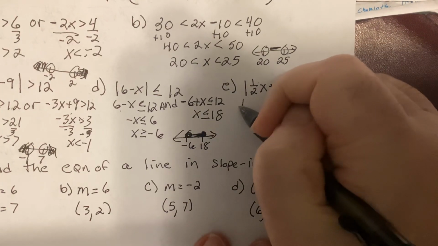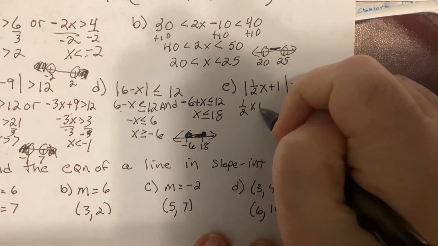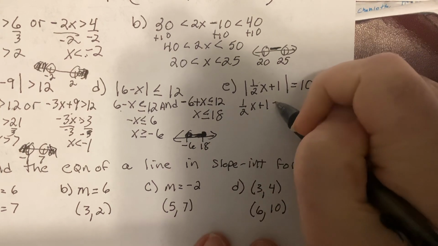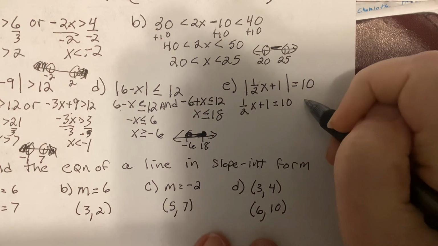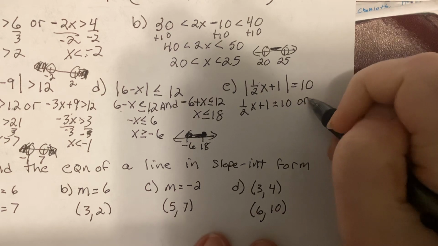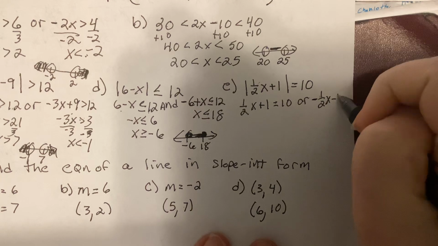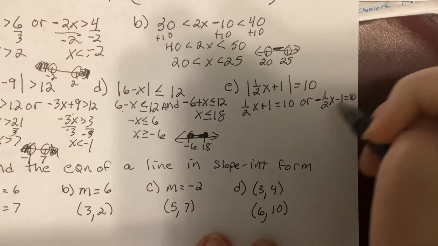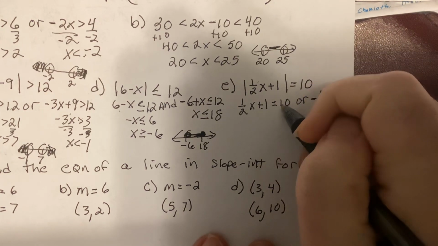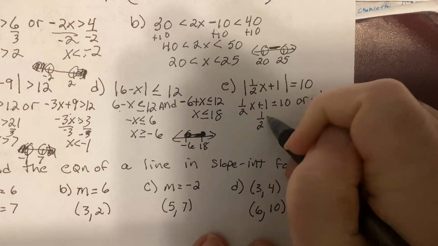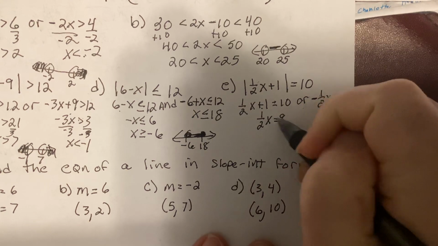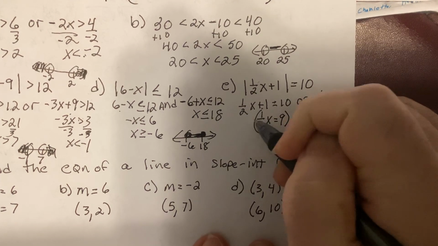Okay, this one you couldn't see. So again, 1/2 x plus 1 is equal to 10. Then the opposite. So -1/2 x minus 1 equals 10. So I'm going to subtract 1 and then multiply by 2.